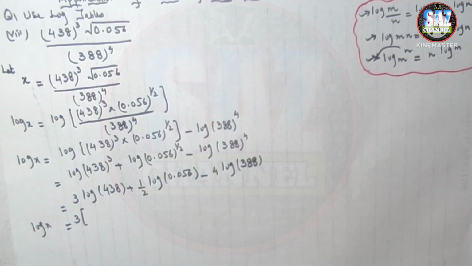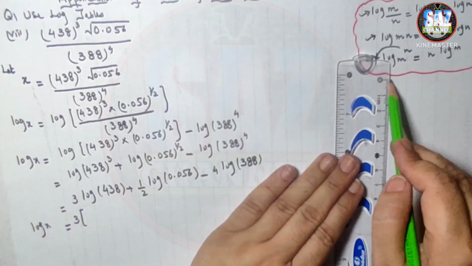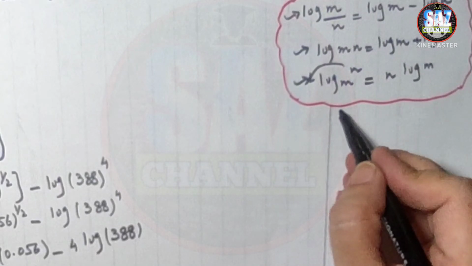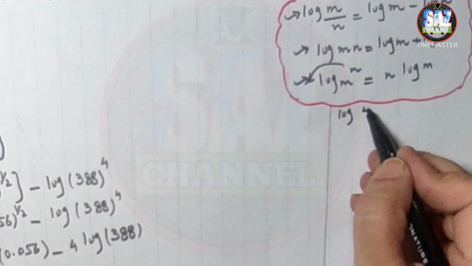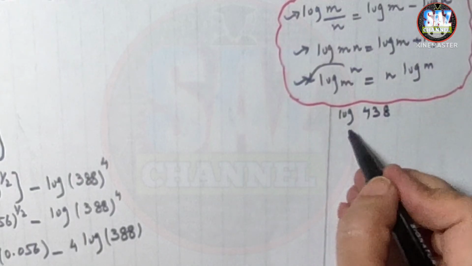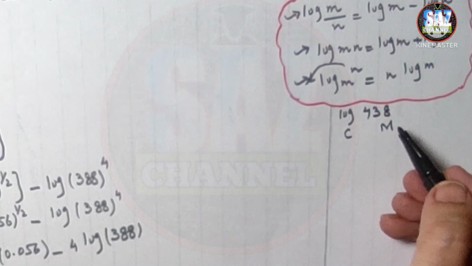So what we can do is, let me draw the line here first, so that my students should not mix it with the working of the other part. The first number for which we have to take the log is log 438. We know that the log of any number will consist of how many parts? Characteristic and mantissa.